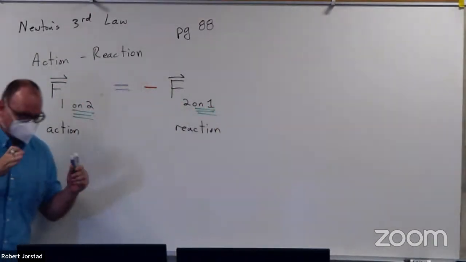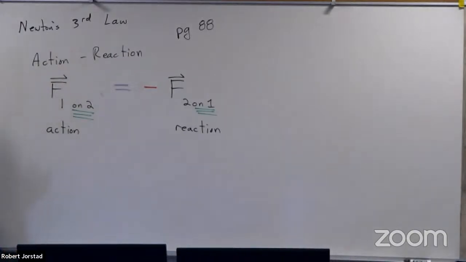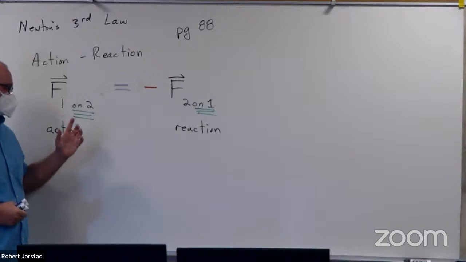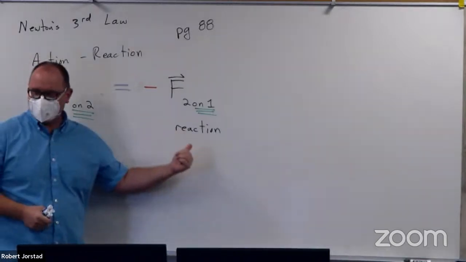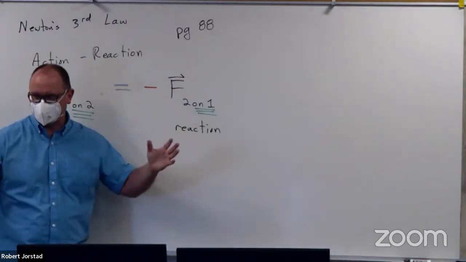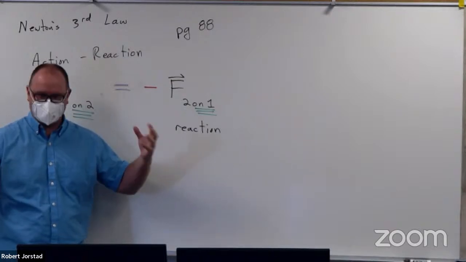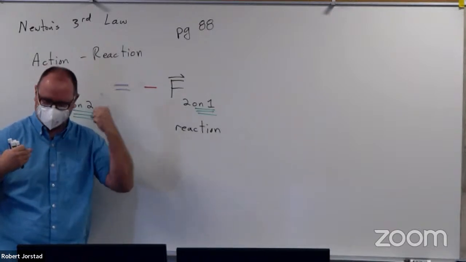If you can get this down, most of the rest will be easy. Most important here is to realize the action and the reaction are on different objects. You can't have an action-reaction pair acting on a single object.